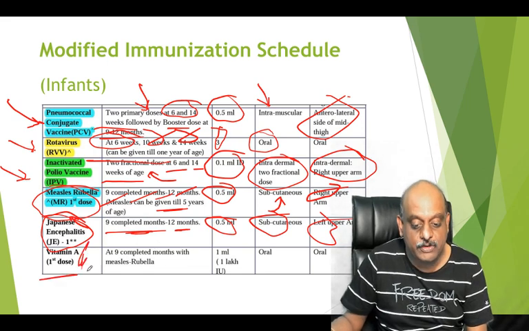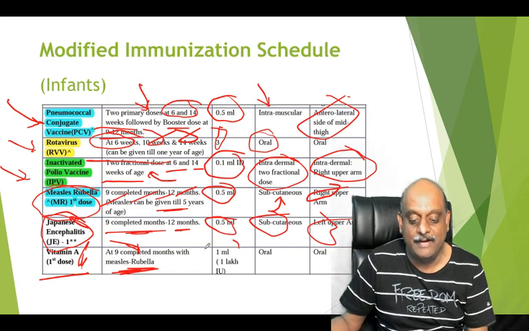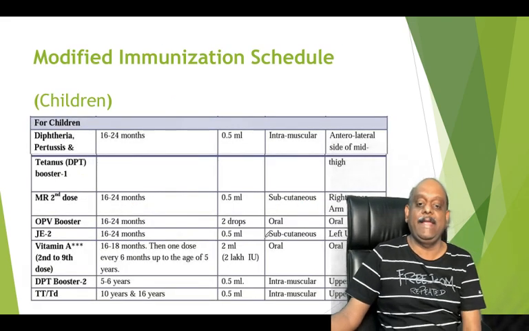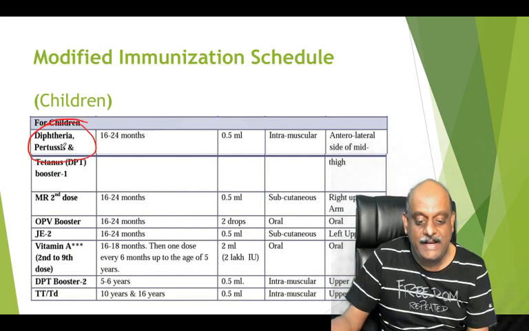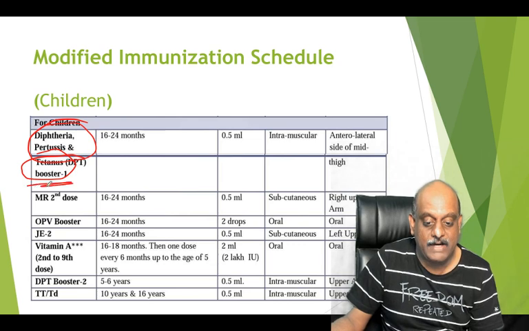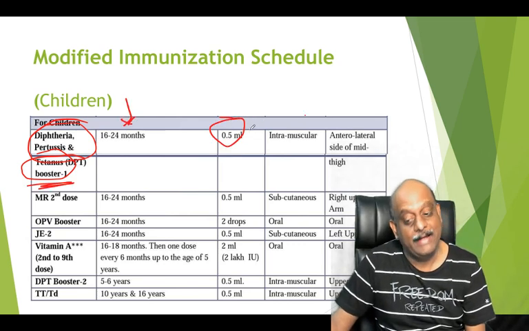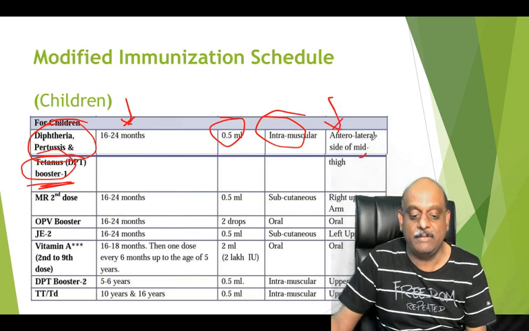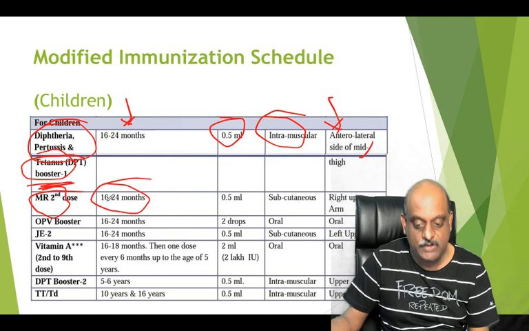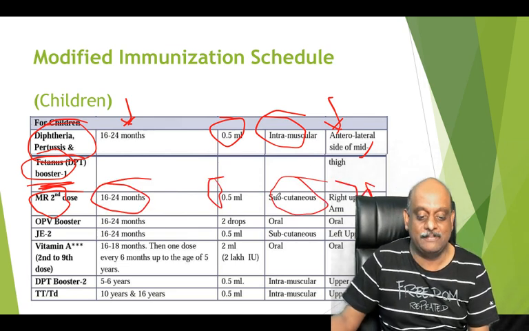Vitamin A first dose at 9 completed months along with the MR, 1 ml, 1 lakh international units given orally. Then DPT booster 1, 16 to 24 months, 0.5 ml IM anterolateral side of the mid-thigh. MR second dose, 16 to 24 months, 0.5 ml subcutaneous, right upper arm.